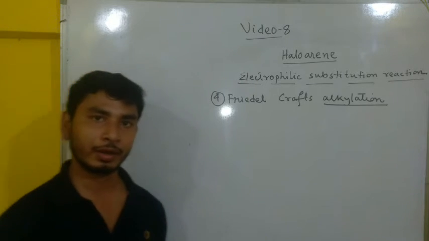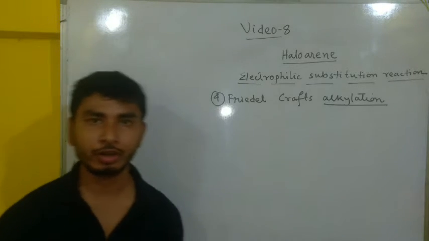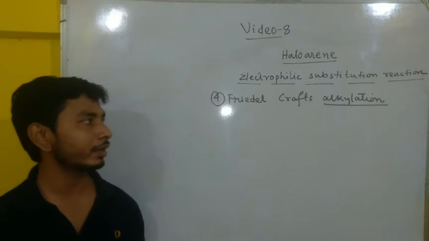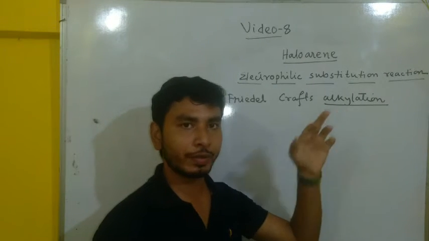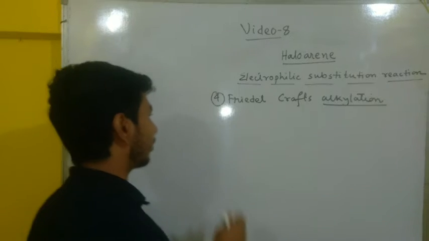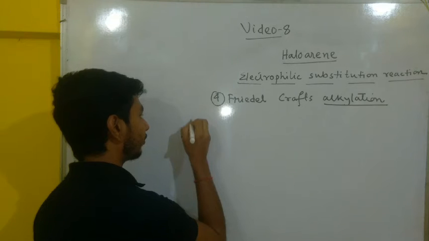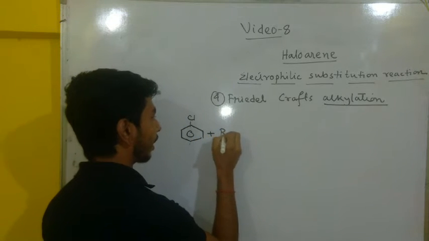Halogenation, addition of halogen. Nitration, addition of nitro group. Sulfonation, addition of sulfonic acid. Alkylation is the addition of alkyl group. So now alkylation reaction, chlorobenzene on treatment with alkyl chloride.